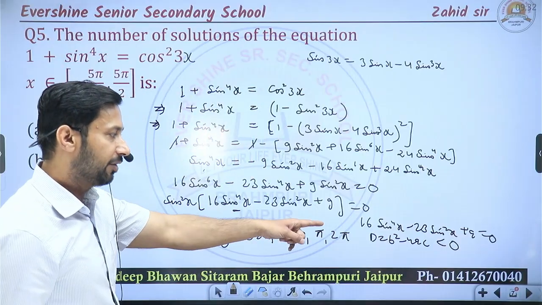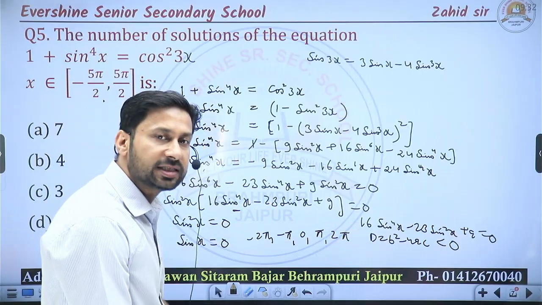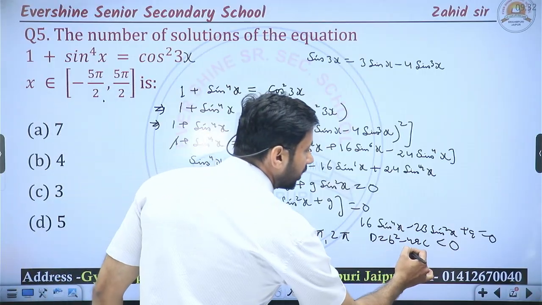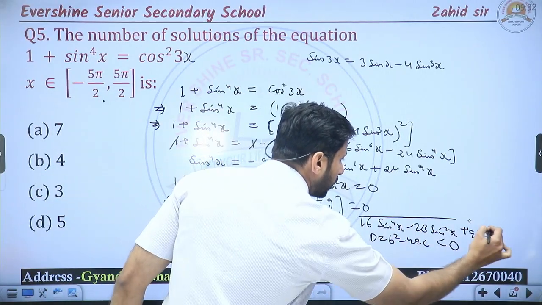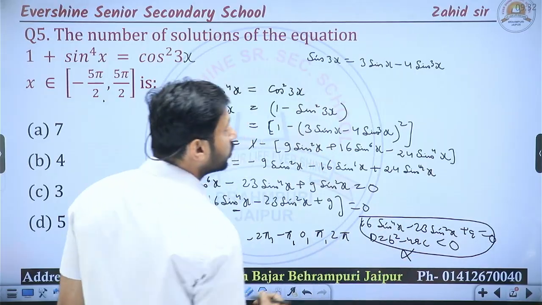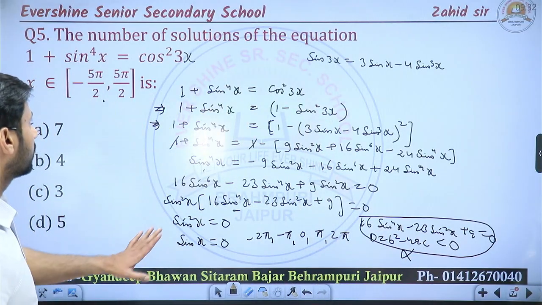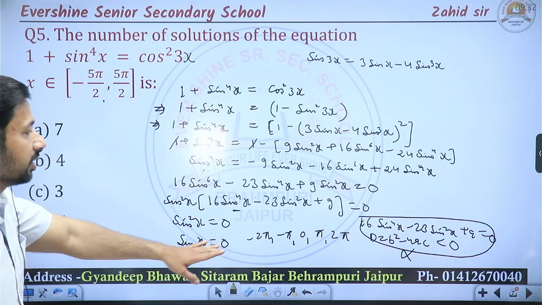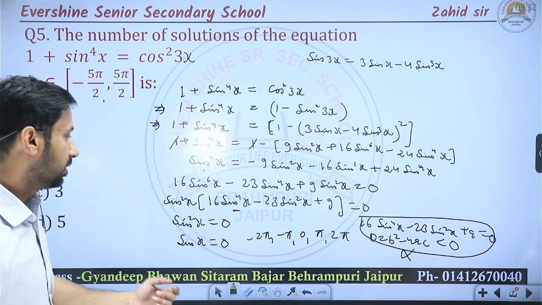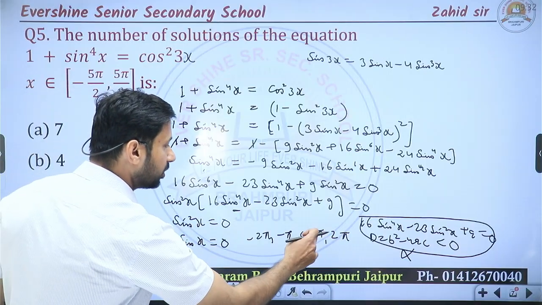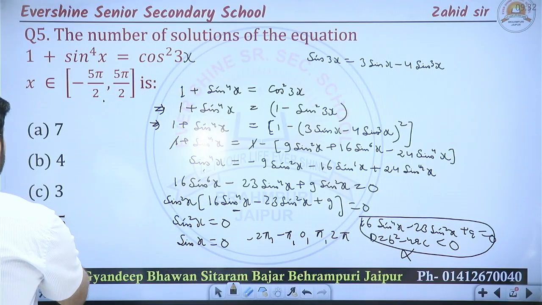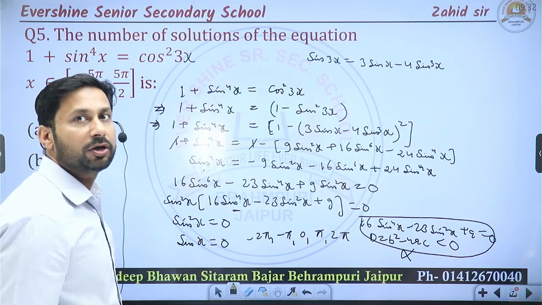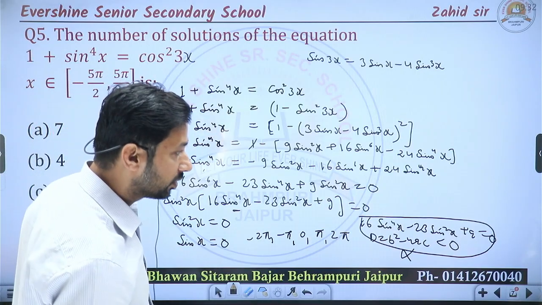You can see that if you find the discriminant, it will be less than 0, which means real roots do not exist. So this will not be taken, because we need to find only the real values. That's why I cannot take these. So how many values are there? 1, 2, 3, 4, 5. So option D will be the correct option.